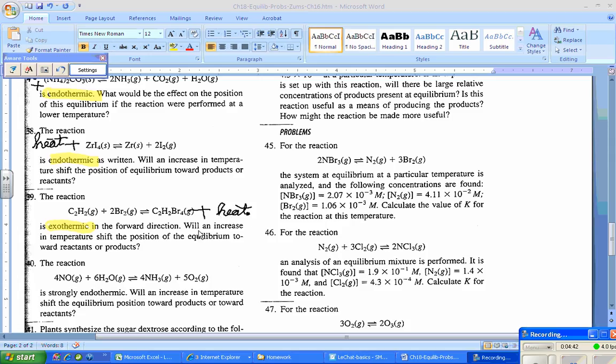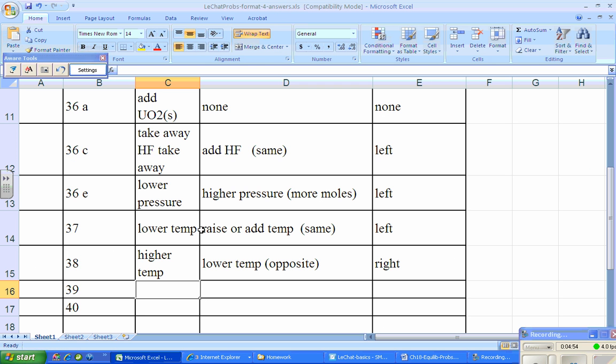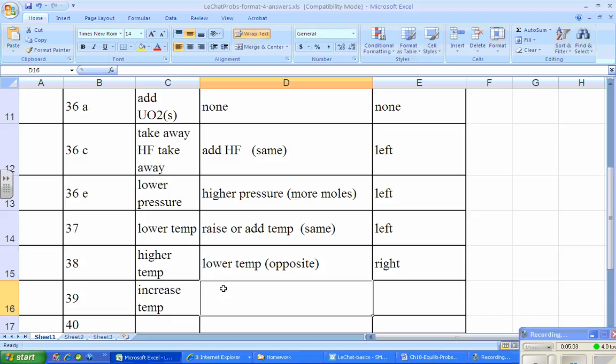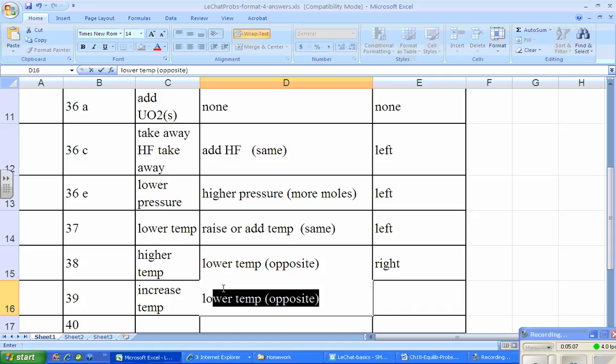So, will an increase in temperature, oh, what is the thing going to do? All right, let's find out. We are exothermic, and we are increasing temperature. So, increase temp, and LeChat wants to, you guessed it, decrease or lower.